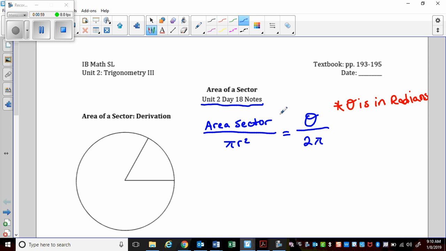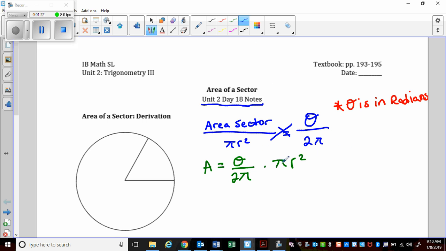All right, so when we solve for area of a sector, we cross multiply and solve for A. We get A equals theta over 2 pi times pi r squared.